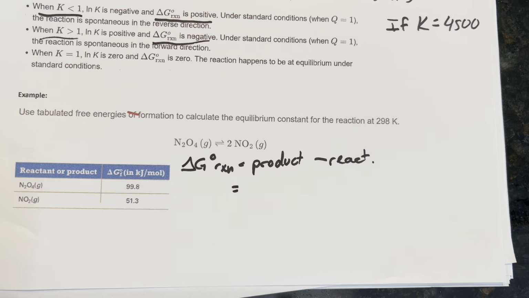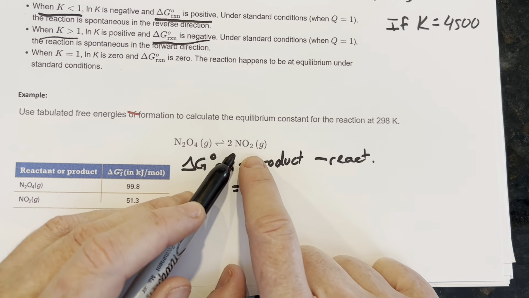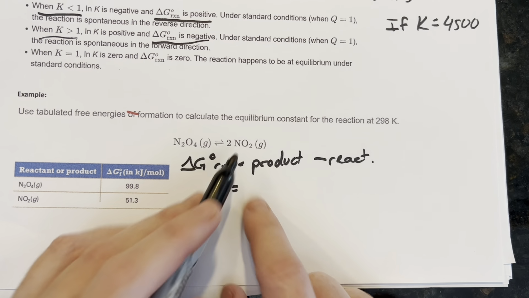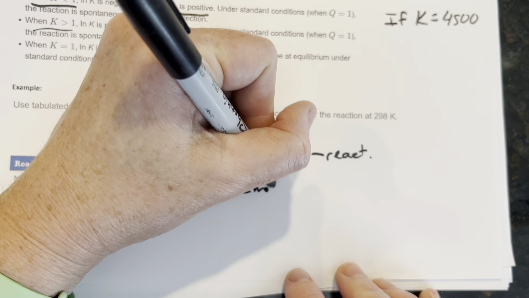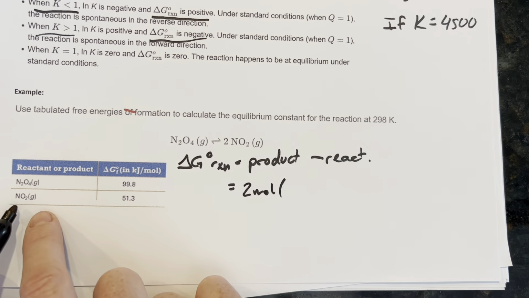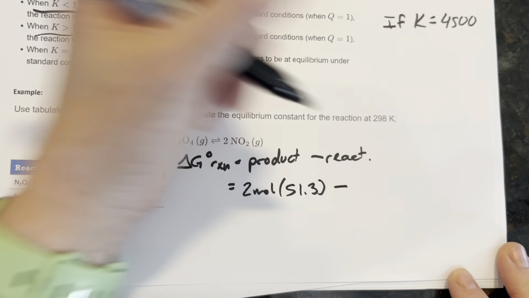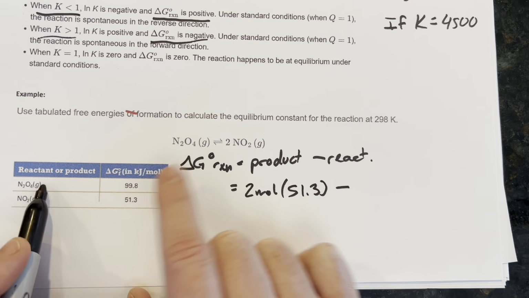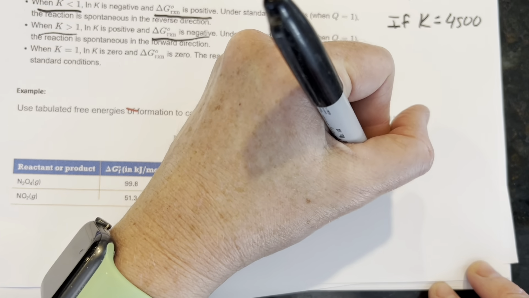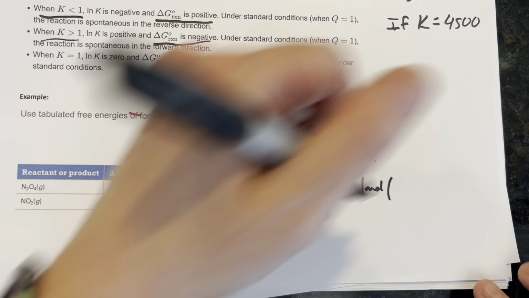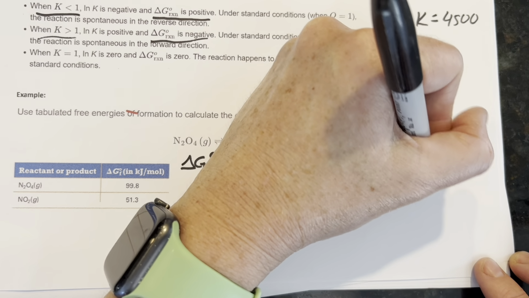In other words, our product was this NO2, and we have 2 moles of it. So we're going to say 2 mole times whatever the NO2 was, 51.3, minus 1 mole times the N2O4, which is 99.8.